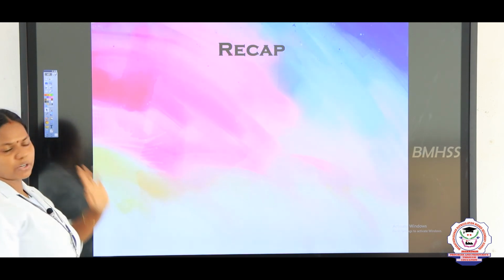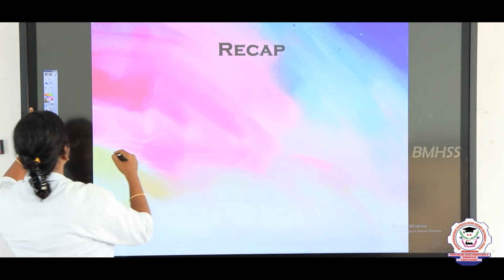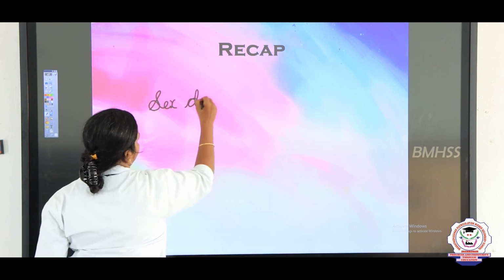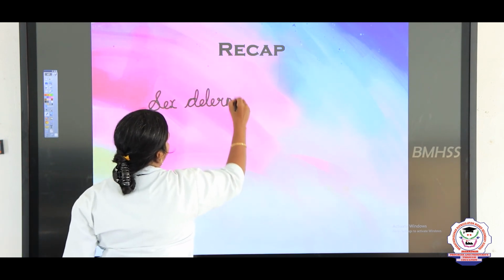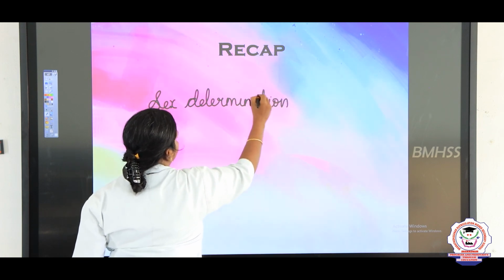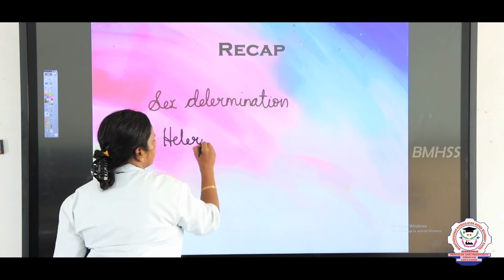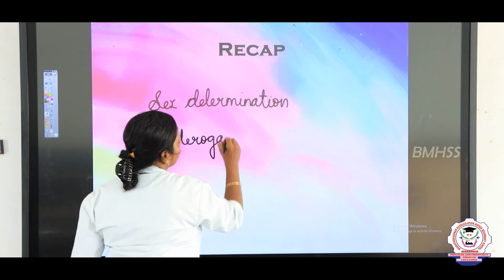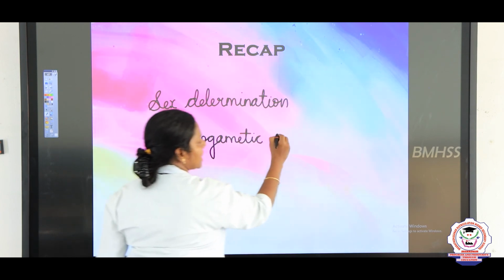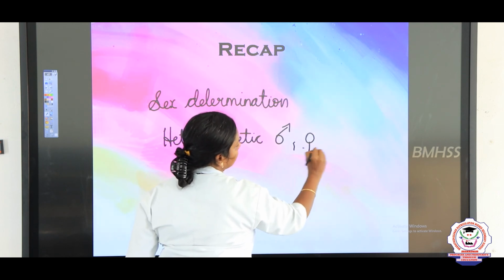So, let us recap what all the things we studied, children. We studied what sex determination is, and next we discussed the types of sex determination, in which we studied the heterogametic males as well as the heterogametic females.